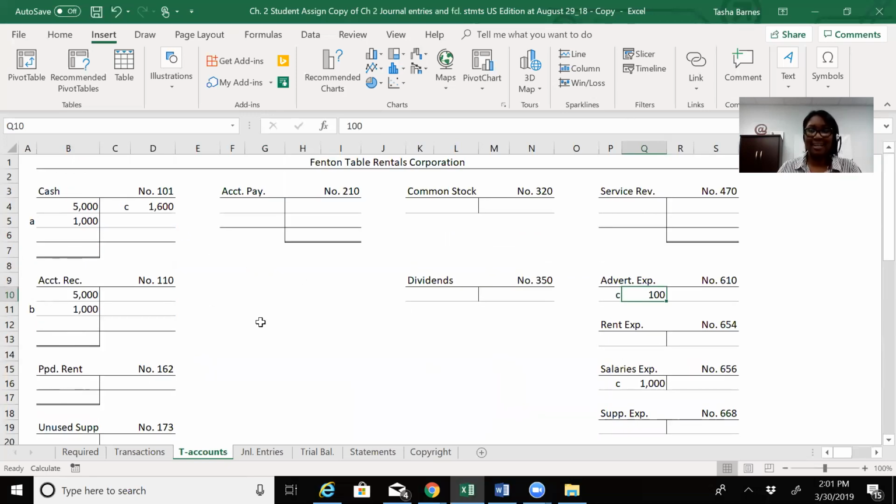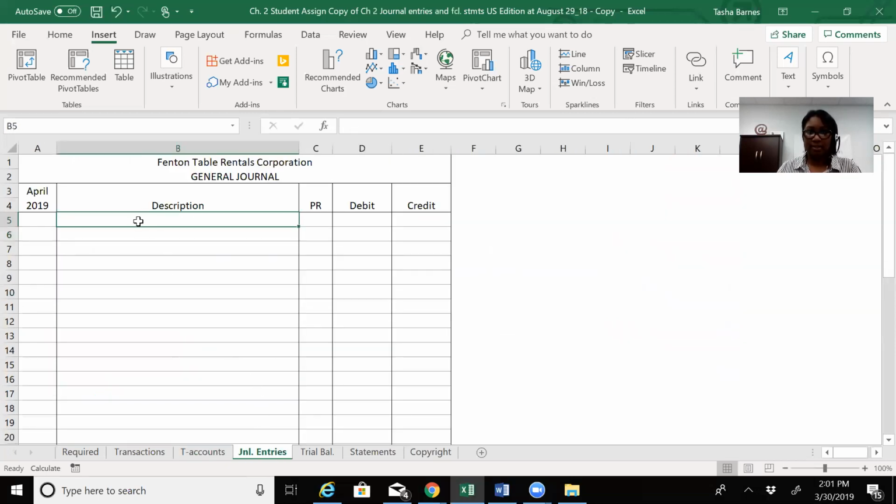Okay, let's look at the journal entry. So for our journal entry, let's see, did I print any journal entries out? So we know we had cash for $1,000, right? Because this is where we're recording the cash from our transaction.